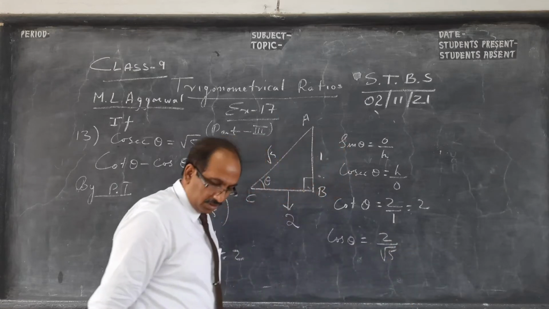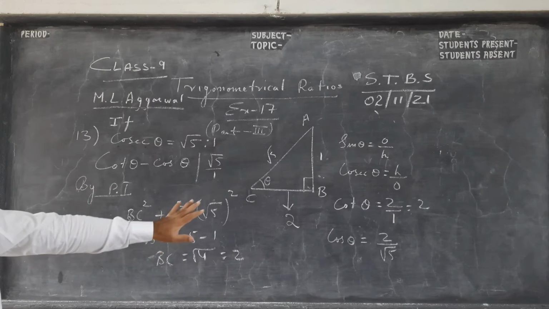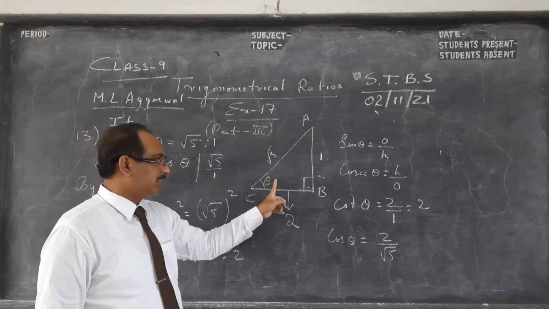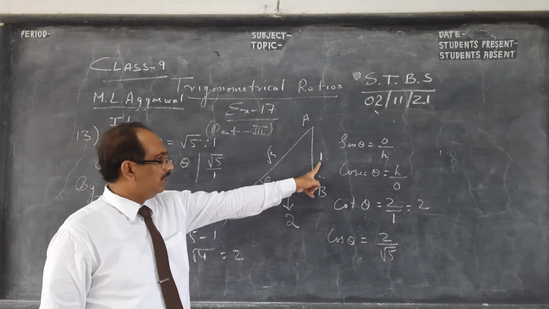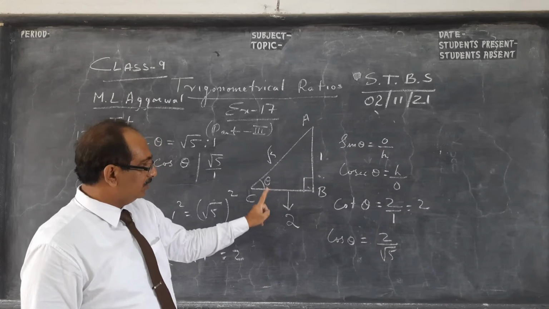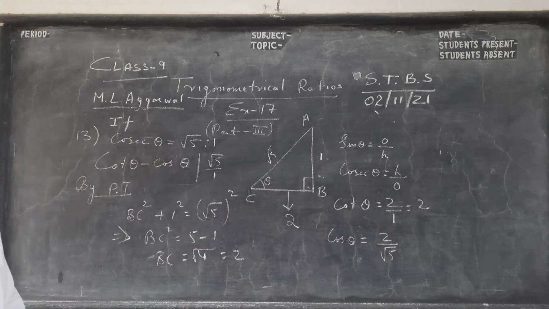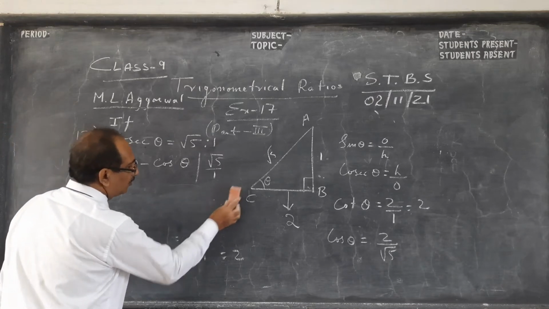So kindly pause the video and copy. We will solve this by putting the value of cot minus cos. Cot is this by this, and cos is this by this. So kindly pause the video and copy, then we will solve.